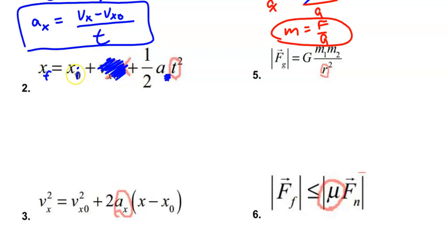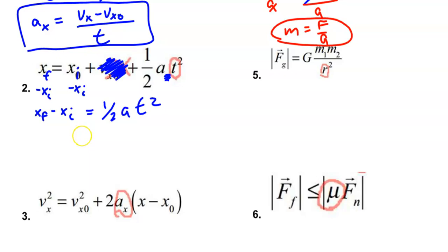First thing I'm going to do is move this xi over. And to do that, I'm going to subtract it from both sides. And so we're going to have xf minus xi equals 1/2 at squared.